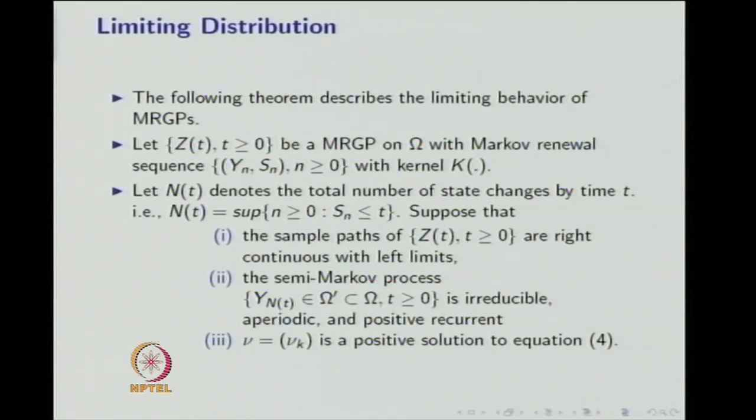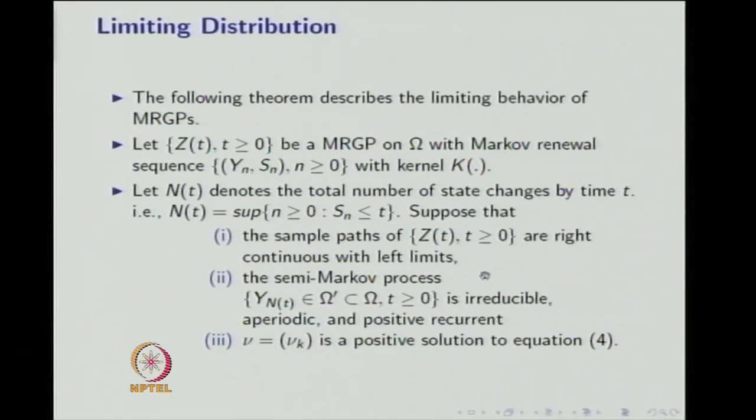The limiting distribution is given in the following theorem. Let Z(t) be the MRGP with the Markov renewal sequence (Y_n, S_n). Let N(t) denote the total number of state changes by time t.